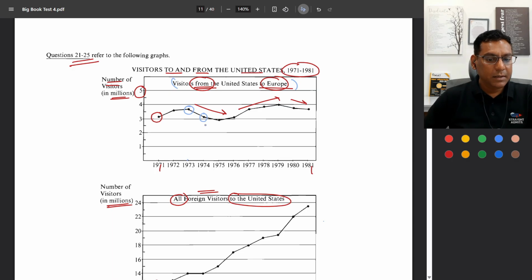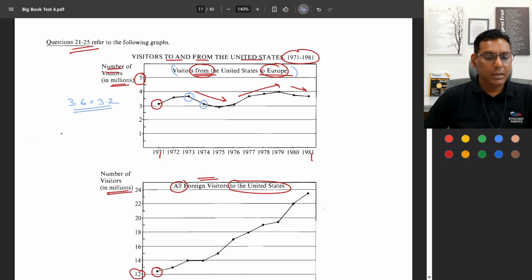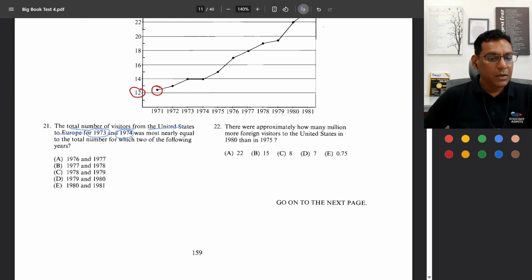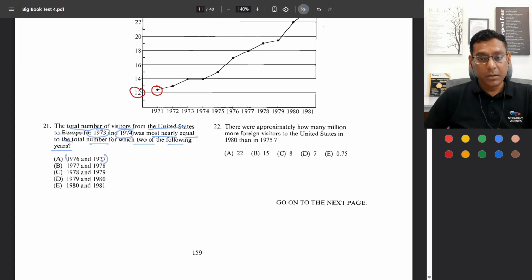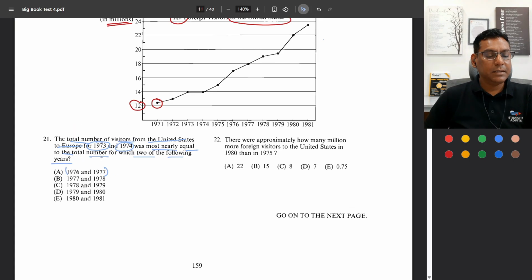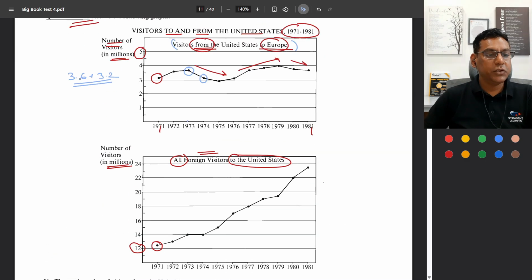That's about 3.6 plus 3.2, something like that. That total number was most nearly equal to the total number for which of the following pairs of years. So they have given pairs, and I also have to find the sum here and suggest which of them was closest.